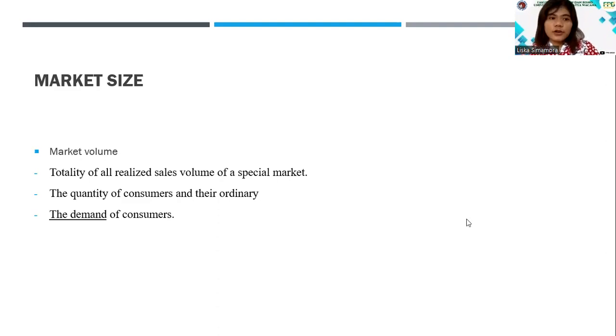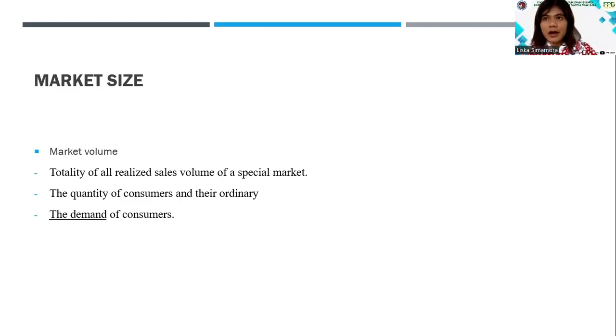Next is the demand of consumers. It means you find data or information that there is some demand for your products.